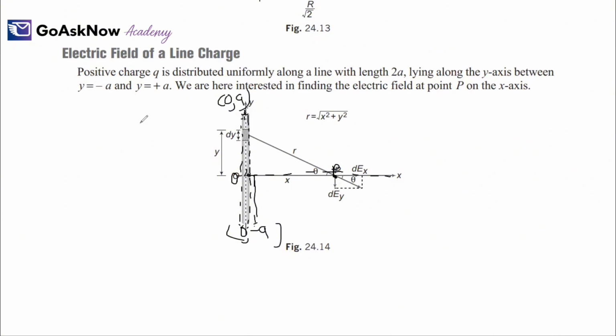You cannot apply Coulomb's law directly to the whole line charge, because it is a continuous charge distribution and Coulomb's law is valid only for point charges. So we have to take a point element. I have assumed an element dy at a distance y from the origin.